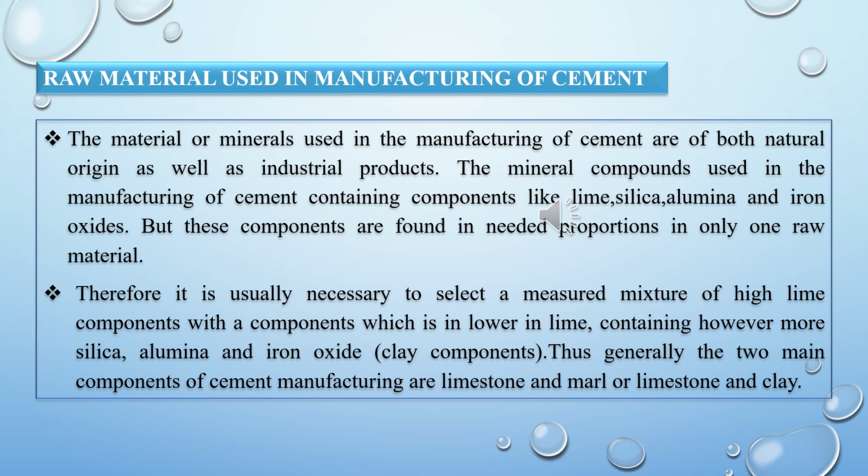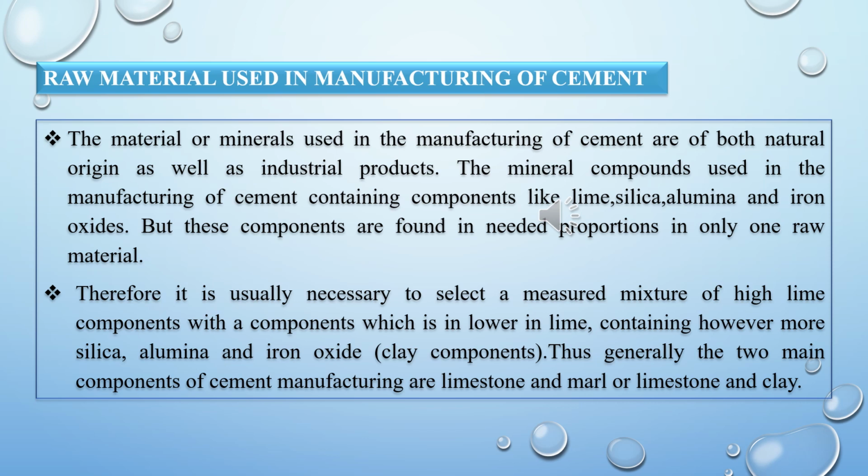therefore it is necessary to select the major quantity of all of those ingredients, like select the component which is lower in lime, more silica, alumina, and iron oxide. So there are two major components which meet those conditions.